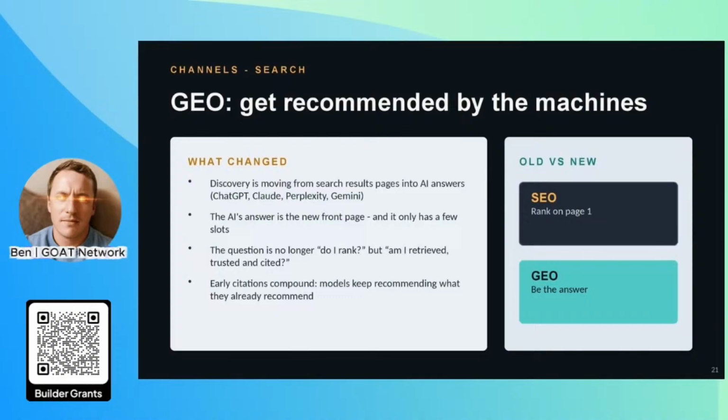Your citations, essentially, they compound. Models tend to keep recommending what's already visible and what's well documented. So whoever gets cited early in a category, whether it's a specific agent category or whatever, that category tends to keep getting cited in the future.